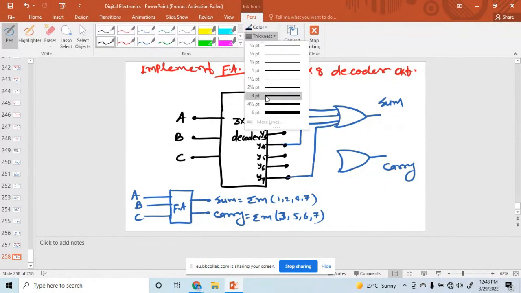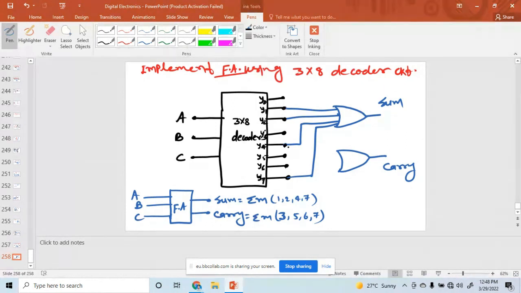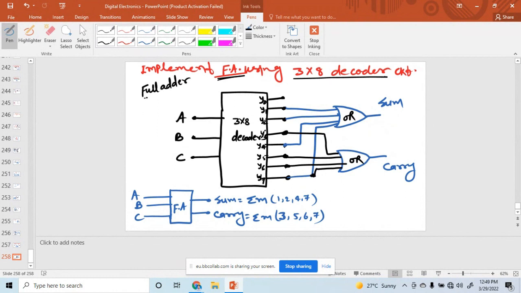Similarly, for carry, 3, 5, 6, and 7. This is an OR gate. So you can say this is a full adder using a 3 to 8 decoder. FA means full adder.